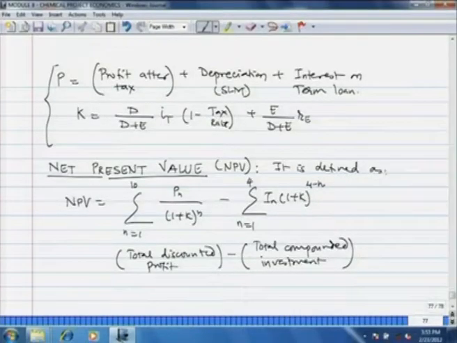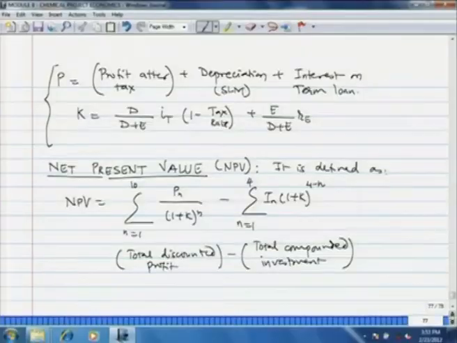Now let us see the concept of net present value of the project. Net present value is the difference between the present value of the profit and future value of the investment at time 0. And here, assuming 4 years construction period and 10 years of business operation period, we can write 2 summations.